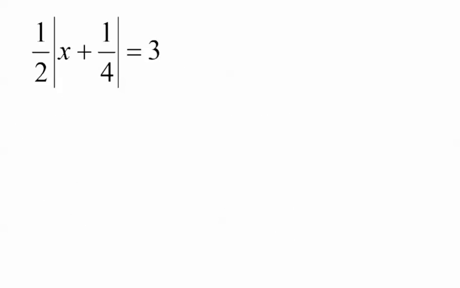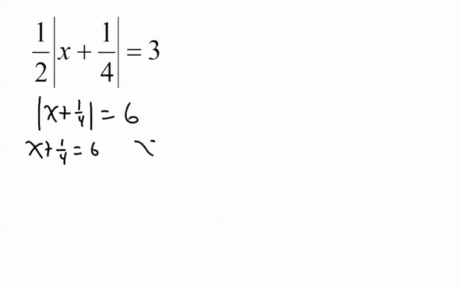How about this one? 1/2 the absolute value of x plus 1/4 equals 3. Well, first thing I'm going to do, multiply both sides by 2. I get the absolute value of x plus 1/4 is equal to 6. Now I set it up. x plus 1/4 equals 6, and x plus 1/4 equals negative 6. So when I do this, I subtract.